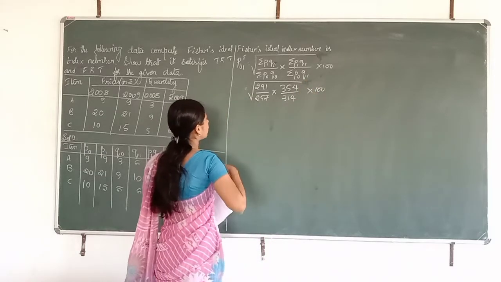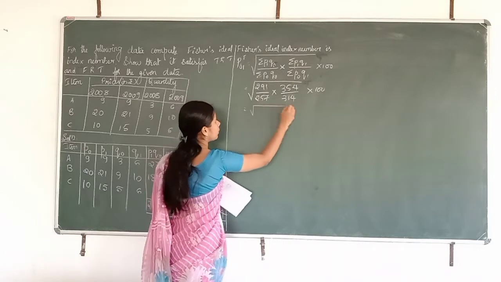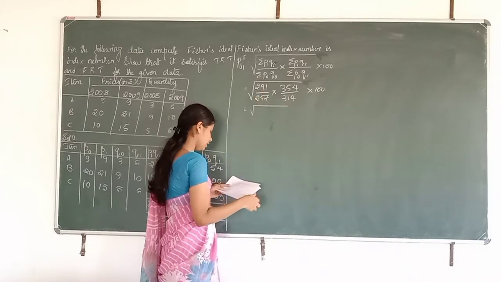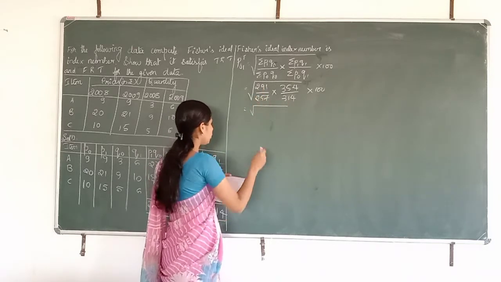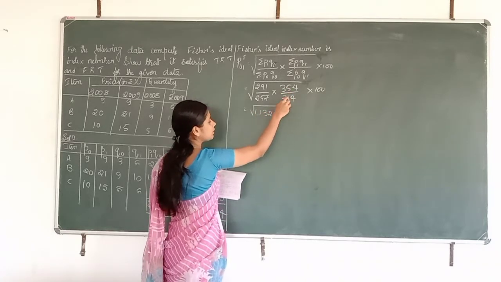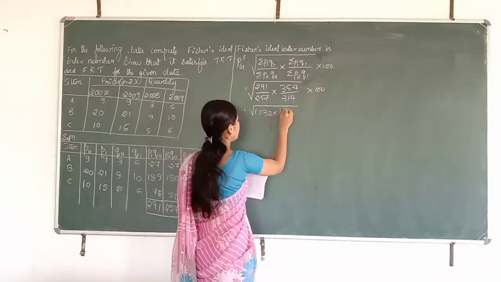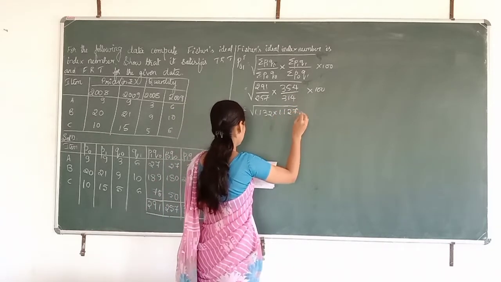So now we are going to simplify it. When you simplify, it becomes square root of 291 divided by 257, it is 1.132 into 354 divided by 340, it is 1.127 into 100.